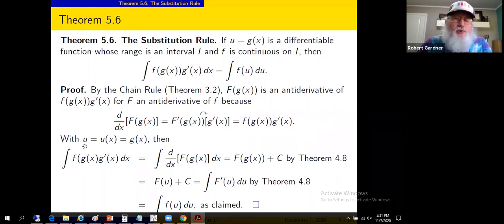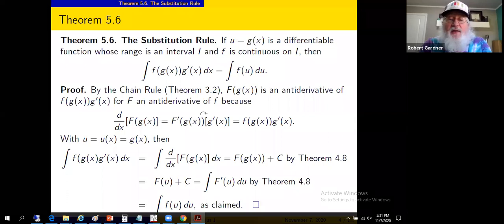So if we let u, or u of x, if you like, be g of x, so there's a substitution, u equals g of x, then we can rewrite this integral as the derivative of capital F of g of x, and by the substitution, the integrand on the left equals this stuff here.